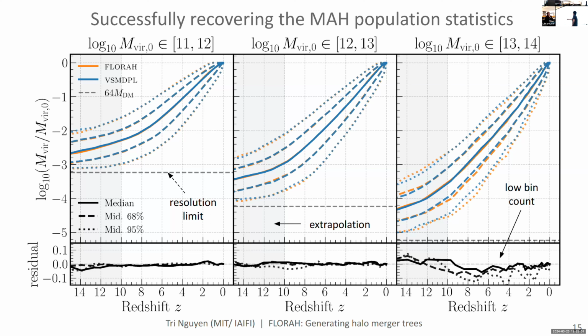You can see that for all of these, over the entire redshift range, we can capture the mass assembly history pretty accurately. This bit is a little noisier than usual, because the simulation only has 300 trees, and I've only generated 300 trees here, so that matches the statistics of the simulations.